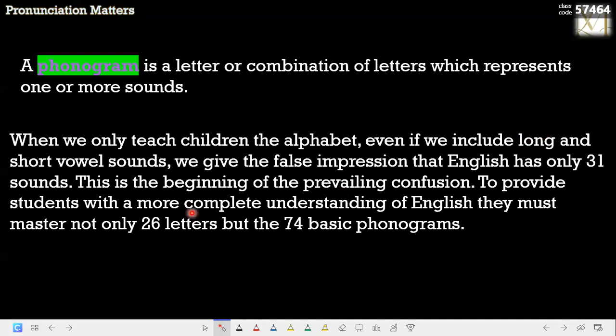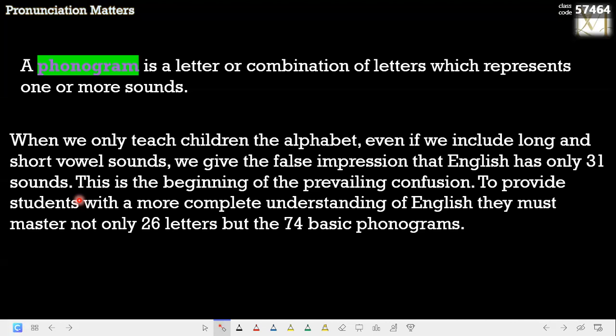So when we only teach children the alphabet, even if we include long and short vowel sounds, we give the false impression that English has only 31 sounds. But in fact, this is the beginning of the prevailing confusion. We are causing confusion for learners because we only teach them a few sounds, not all the sounds.